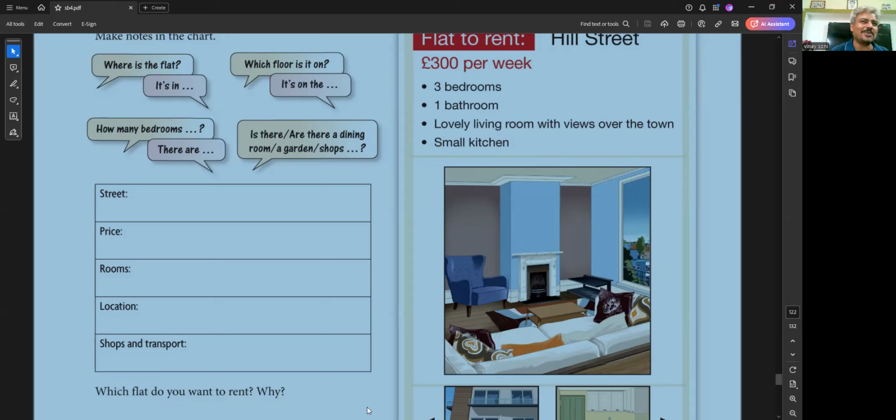The flat's on the 2nd floor. In the living room, there are 2 sofas and an armchair. There are a lot of pictures on the wall.